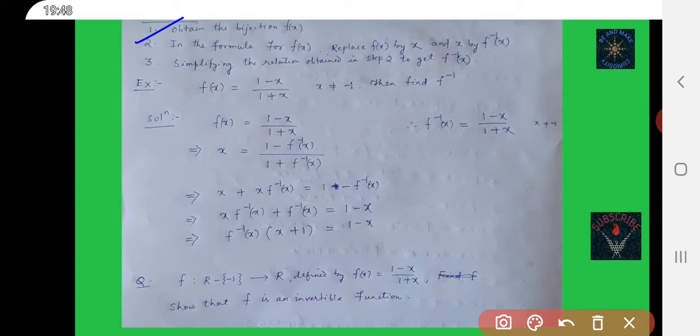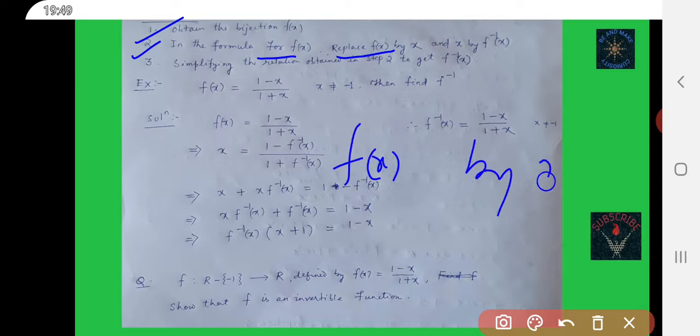Okay, so here you see in the formula f of x, replace f of x by x. You have to replace f of x by x.